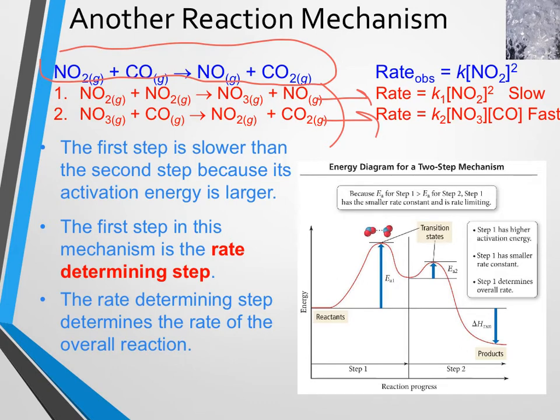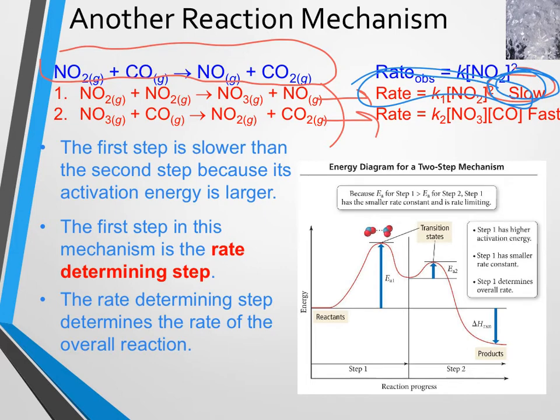Now, in a problem, typically you will be told which of the elementary steps is the rate determining step. They'll just basically say the slow step is such and such. So in this case, the first elementary step is the rate determining step, and so that is the step that determines the rate of the entire reaction.